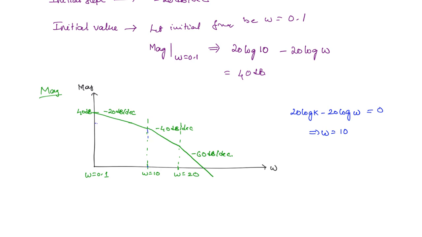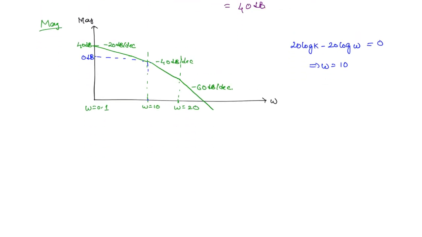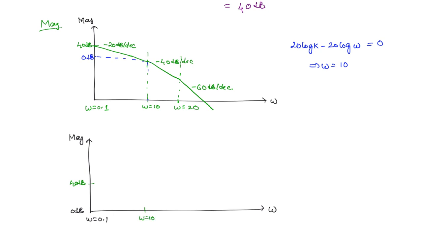So you can either mark 0 dB here, or if you want the axis to have 0 dB, then you can simply redraw. This is the magnitude. Here you have omega is equal to 0.1 and the magnitude is 0 dB here. Then how will you draw? The plot will start at 40 dB. Let us say this is omega is equal to 10 and this is omega is equal to 20.